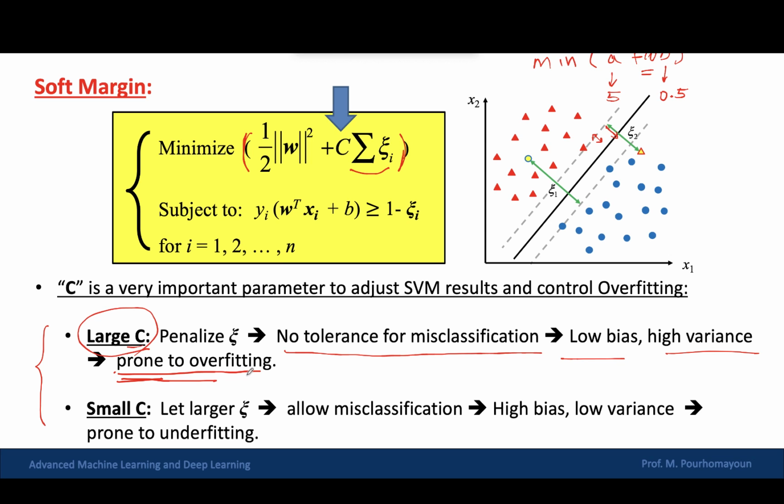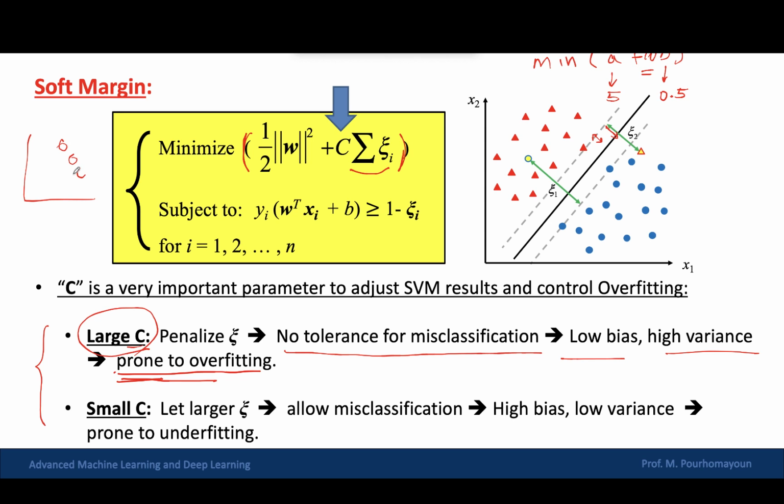All right. So when you increase C, you add more penalty on xi. You will make sure that xi is very small. So you don't tolerate misclassifications anymore. It makes your model very low bias. You remember in overfitting, I talked about exactly these things.